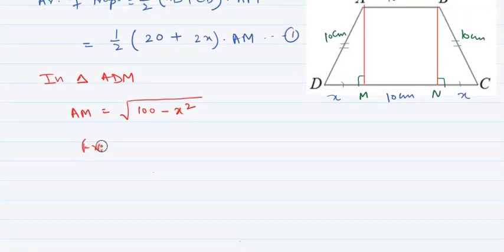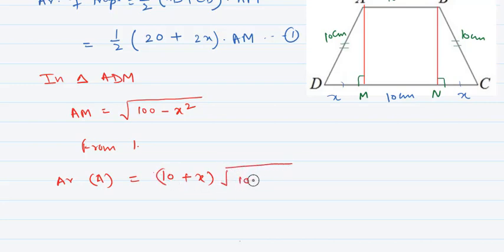So from 1 we have the area, let us name this area as A, equal to 10 plus x into square root of 100 minus x square. So here we are having a square root quantity.